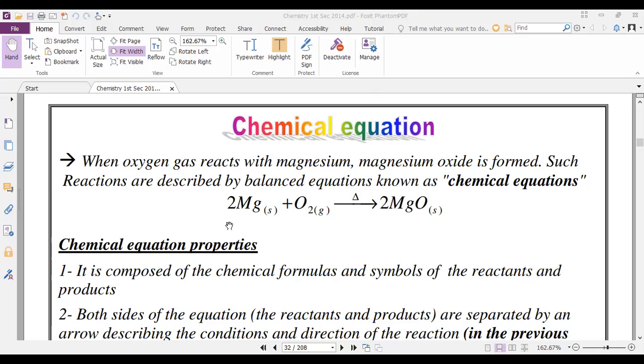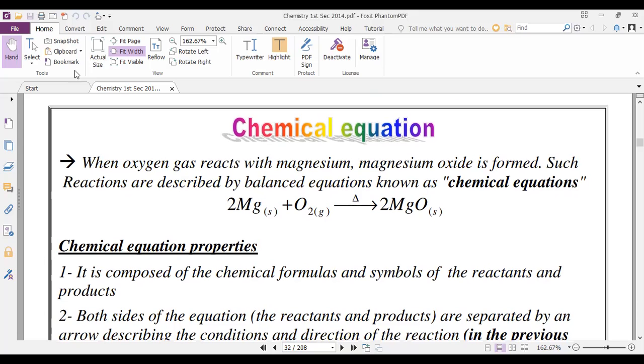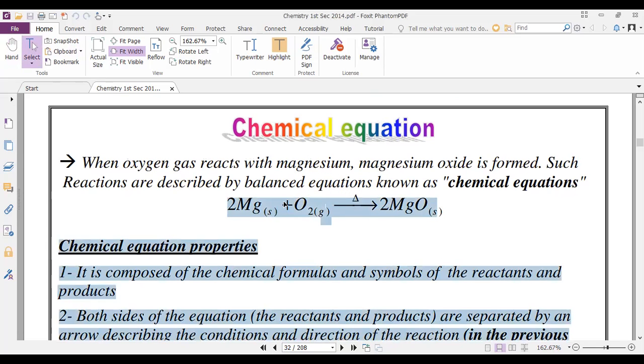Okay, a chemical equation consists of 3 parts. Number 1, the part before the arrow is called reactant.